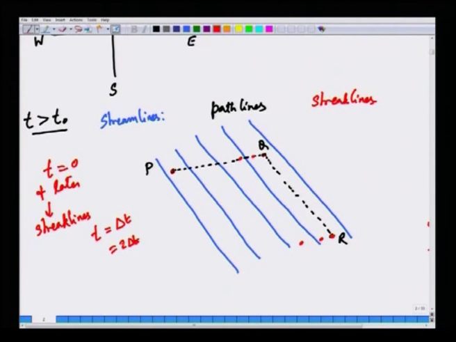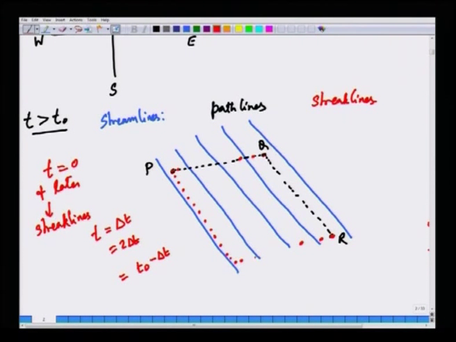So, a particle that was introduced just before t equals t naught would have just moved somewhat here, and then it would move here. A particle that was introduced at t equal to 0 would directly move here, because the wind has changed direction. The particles that were introduced at t greater than t naught will all move in this direction.